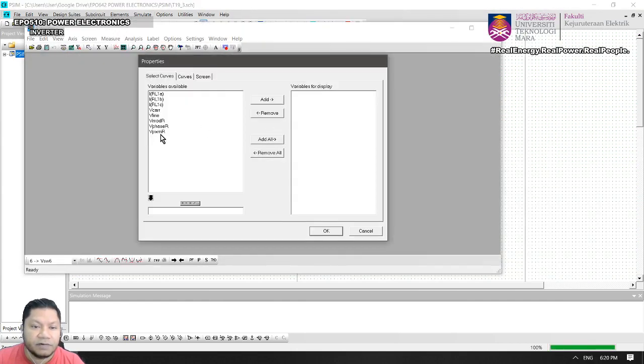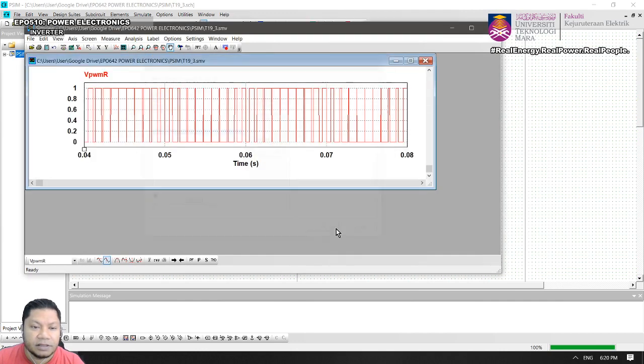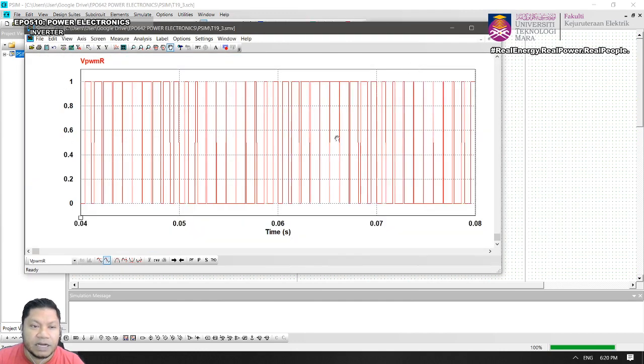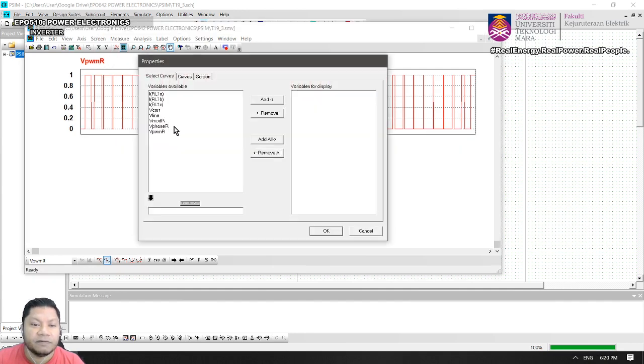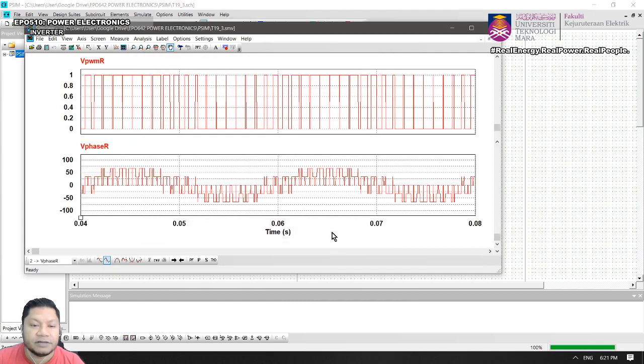Then you see the VPWMR, so that will be the PWM output of the comparator for the red phase. And then let's look at the V phase R. So this is the output voltage for the red phase.